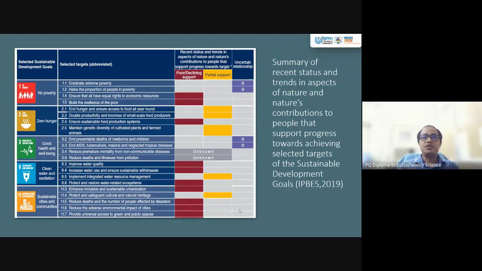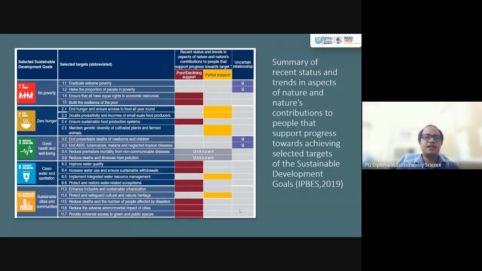That is a well-known fact. And then it's about clean water and sanitation. We know that clean water is given by biodiversity. It is an ecosystem service: the ecosystem provides us clean water and clean air.